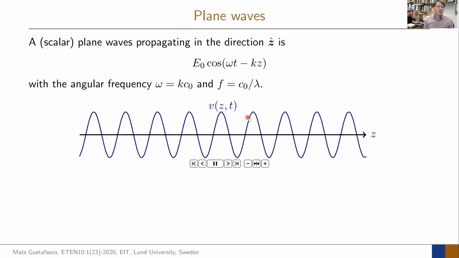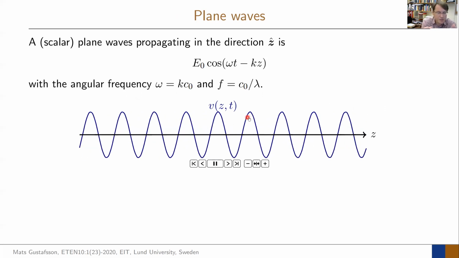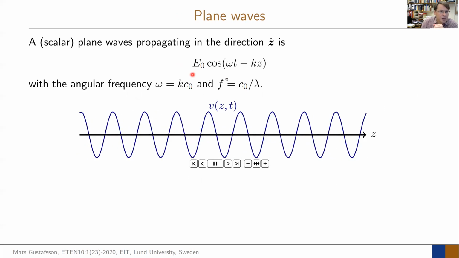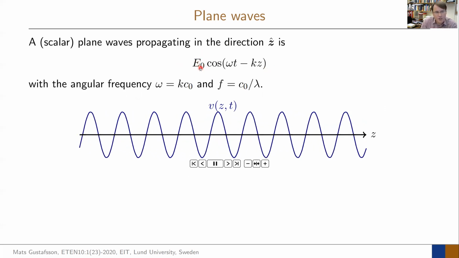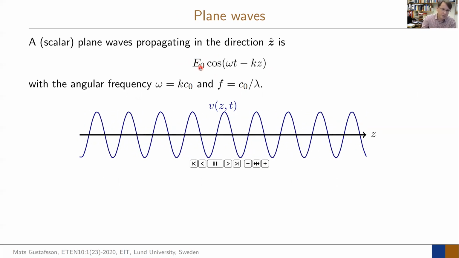So then we start studying these plane waves, or waves, we can say in some ways. So here you can see one case of a wave. The wave is propagating here in one direction. A typical way that these waves look is that they have some amplitude. So electric field, we call it E0. When we go to the electromagnetic fields, it will also have a direction. I will do that soon.